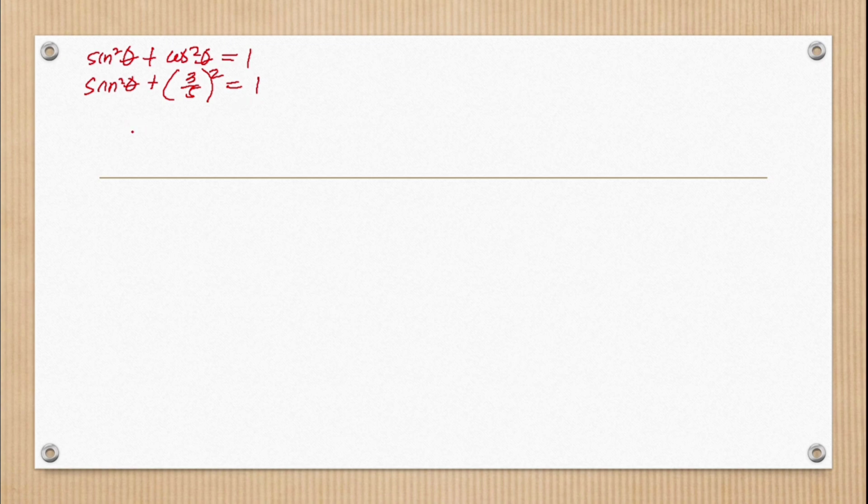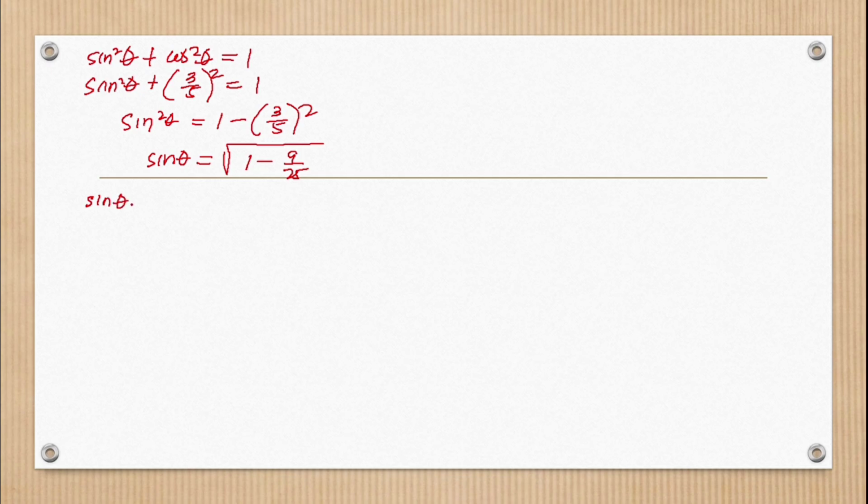Sine squared theta is equal to 1 minus 3/5 squared. So sine theta is equal to positive and negative the square root of 1 minus 9 over 25, which is 25 over 25 minus 9 over 25. The square root of 25 minus 9, that is 16 over 25.